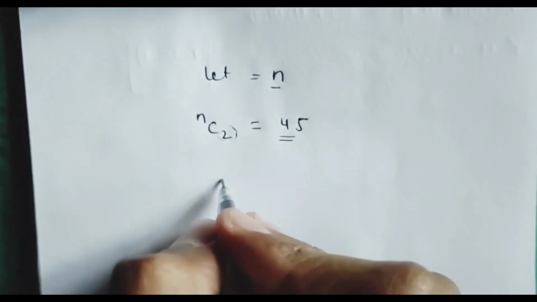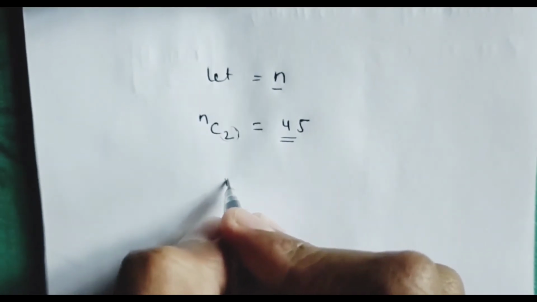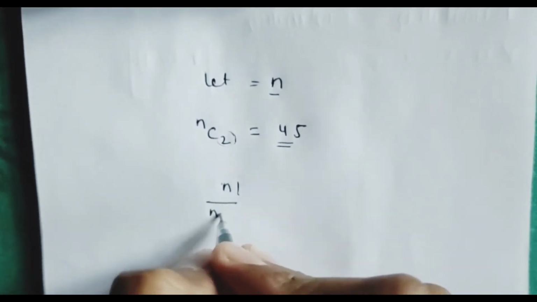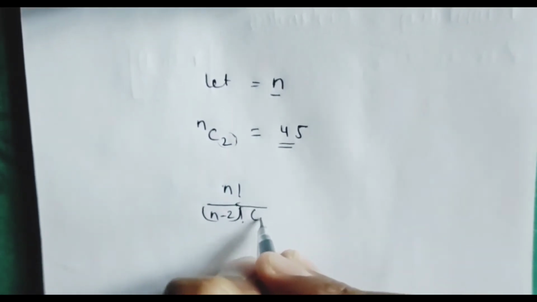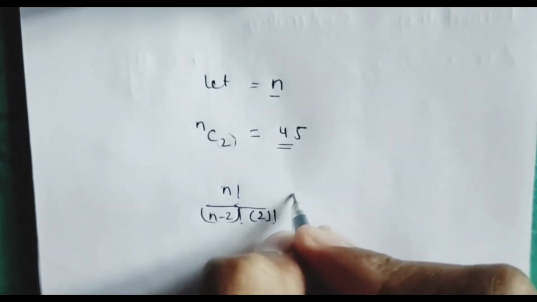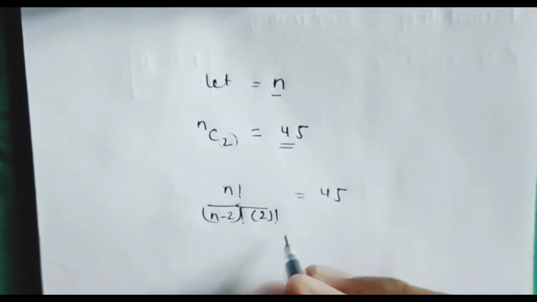So solving this, nC2 means n factorial over (n minus 2) factorial and 2 factorial is equal to 45.